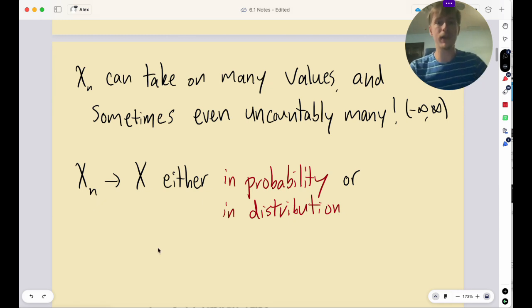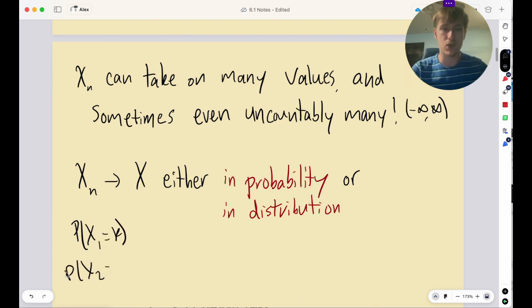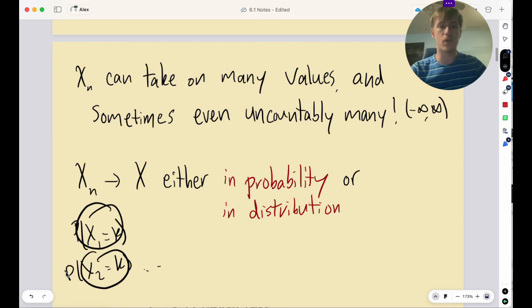So if I only look at the probability that Xn takes on a specific value, maybe k, so the probability that X1 is equal to k, probability that X2 is equal to k, and so on and so forth, that forms a sequence of real numbers, because each is a single number, and then I form a sequence with those, and that could eventually converge to the probability that X takes on k. If that holds, we say that it converges in probability.